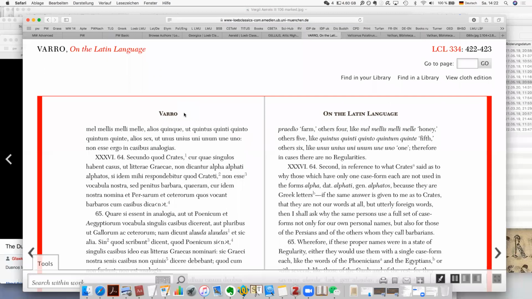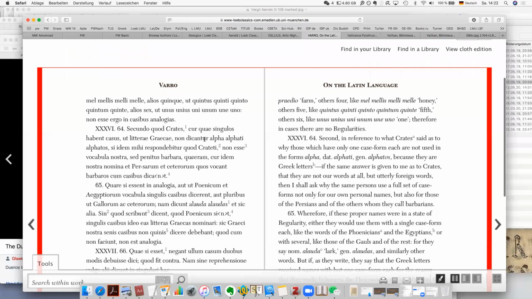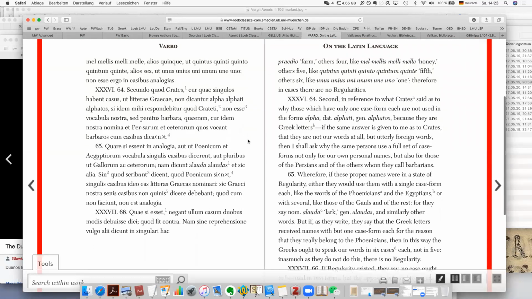Varro is a very famous Latin grammarian, and he's pretty old. I forgot the exact date, but he noticed a lot of these differences or special cases in his grammar.